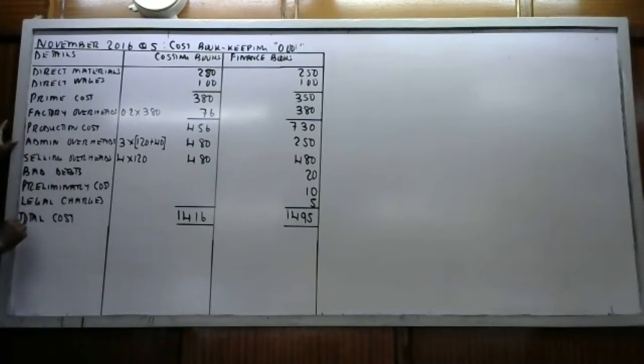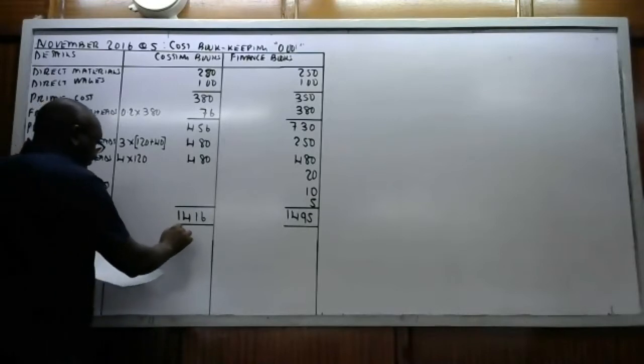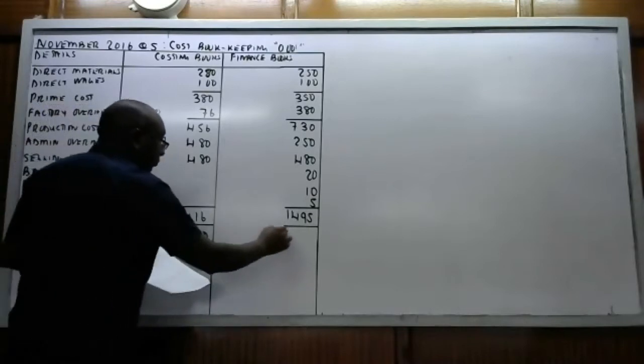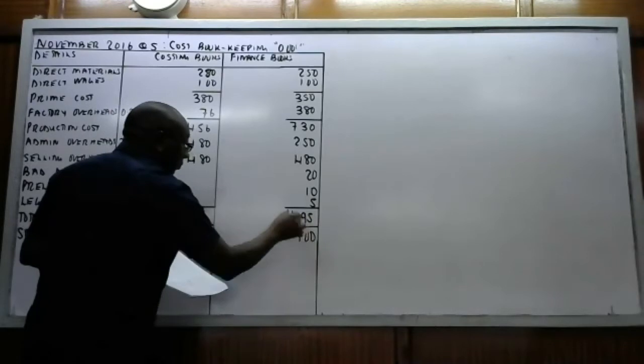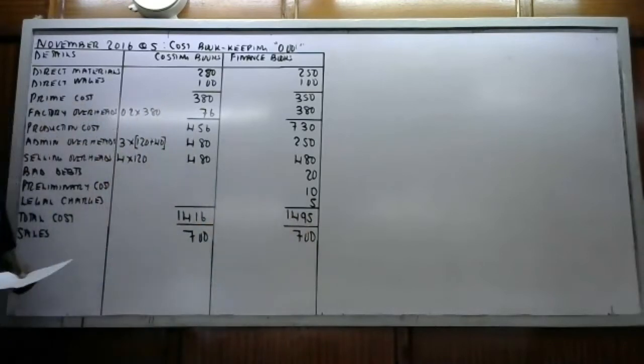Now from there, you bring sales. Sales is 700, the same in both. Then you say less opening stock.